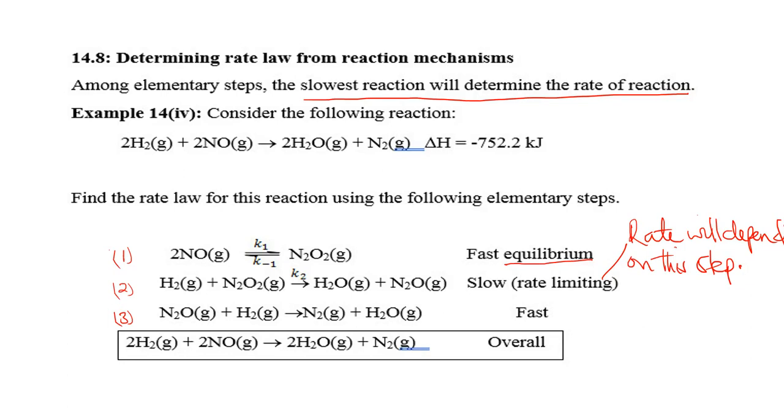So immediately we know that the reaction profile for this reaction is going to have 3 peaks. So the first peak for elementary reaction 1, the second peak for elementary reaction 2, and the third peak for elementary reaction 3.